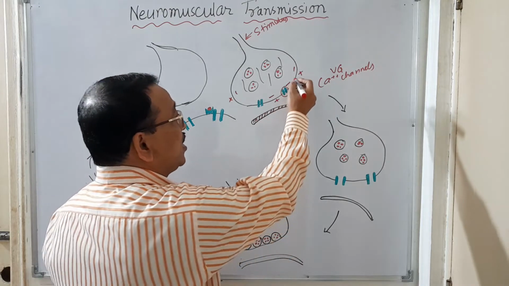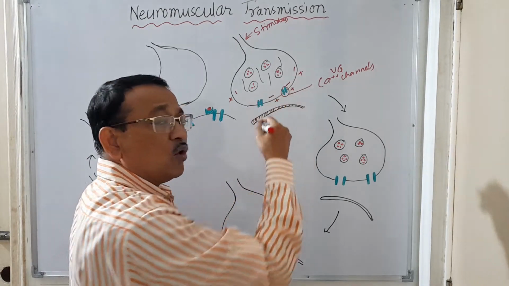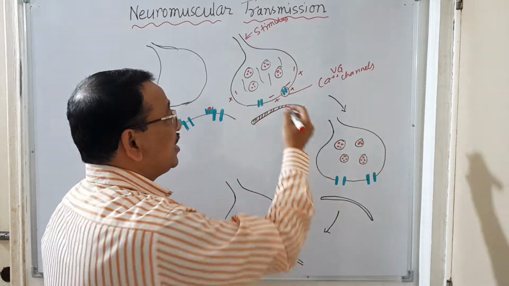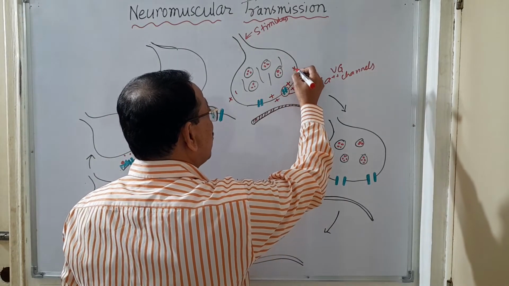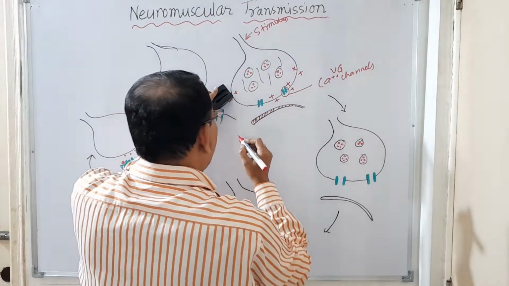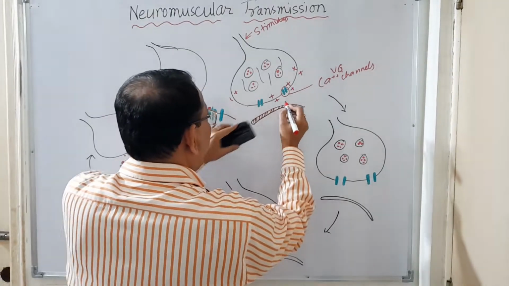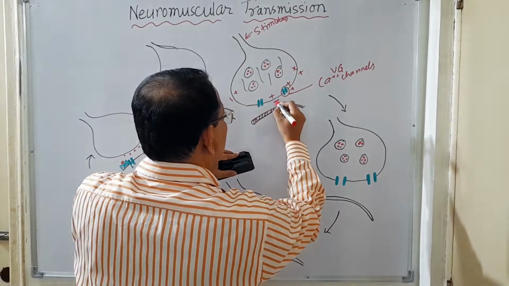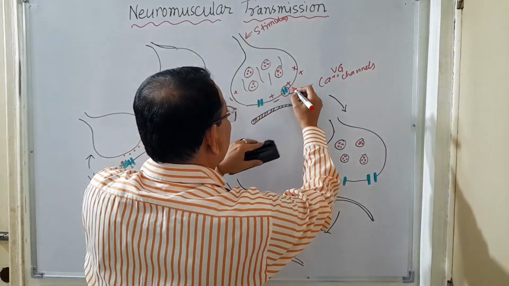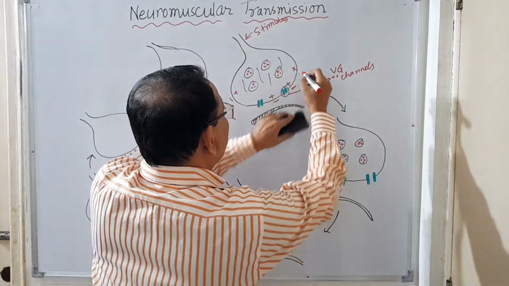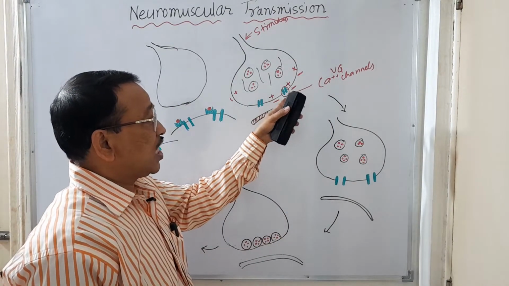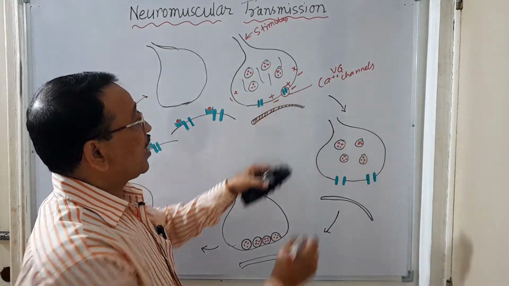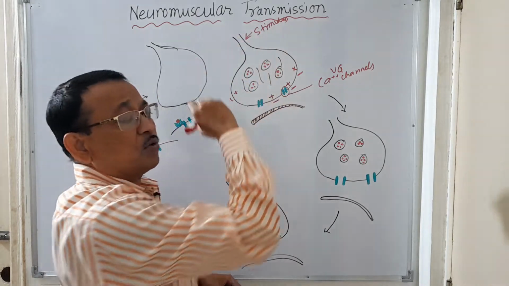So the presynaptic membrane will get depolarized. That means inside will be electropositive, and outside will be electronegative. So this will be the state of the membrane potential across the presynaptic membrane in response to the stimulus.